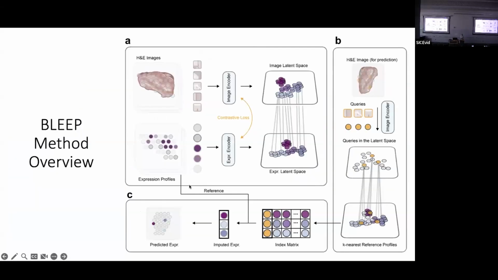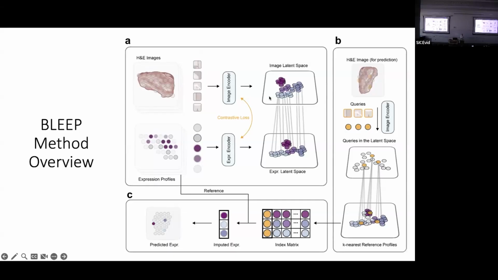Okay, so how does this work? We use machine learning to learn a joint embedding of the image and the transcriptome. Similarly to what I showed you before, we take the image and split it up into patches, and we encode that image using an off-the-shelf image encoder. It was, I think, ResNet in this case.